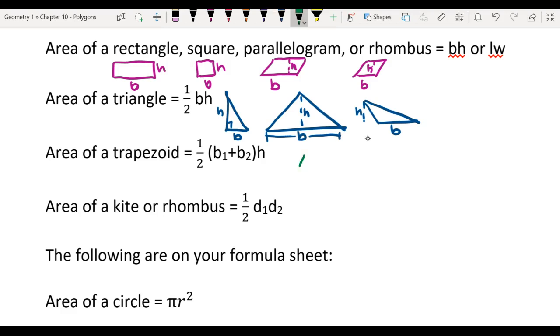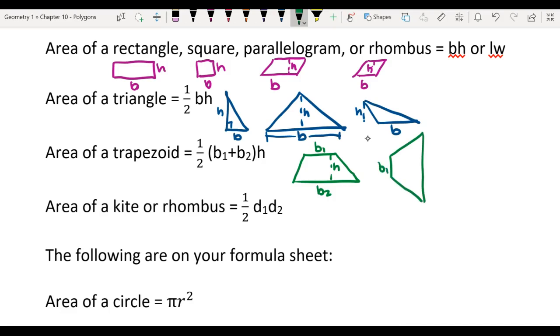For a trapezoid, there's 2 directions they can have it. They can have it the normal way, where this is B1, this is B2, and then you have your height cutting through the middle. And the ones that people have been messing up on today are the ones where they turn it sideways.